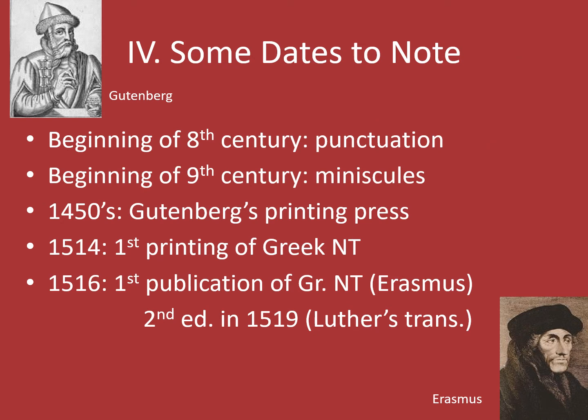Some important dates that should be noted in textual criticism are the following. Beginning in the 8th century, punctuation in the text was introduced. So originally punctuation was hardly ever present in the text, and that's one of the reasons why we sometimes have different readings.